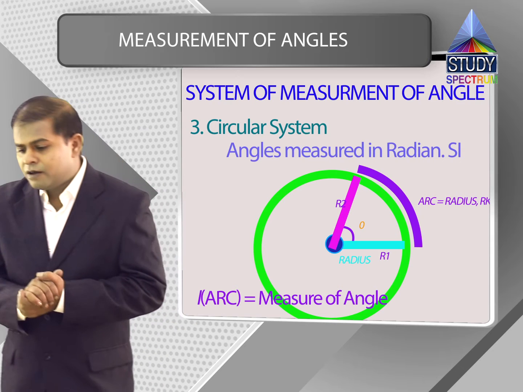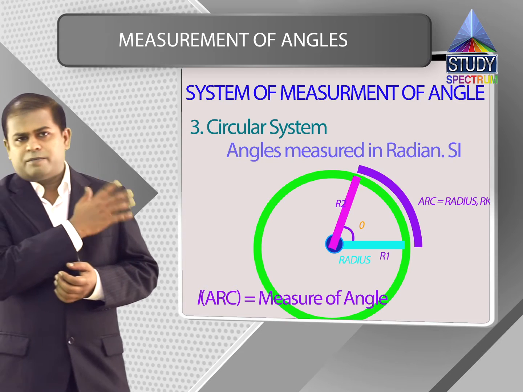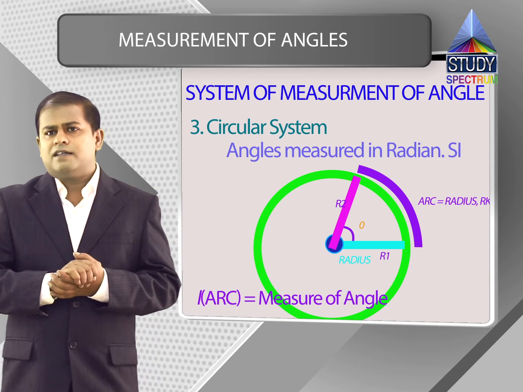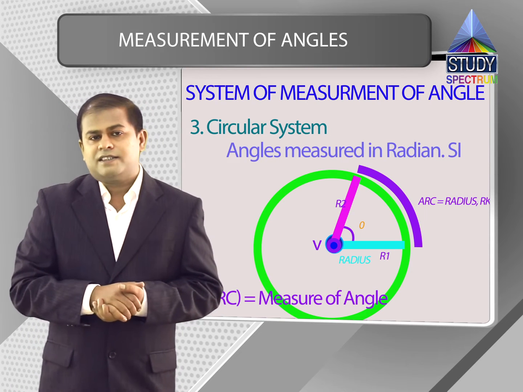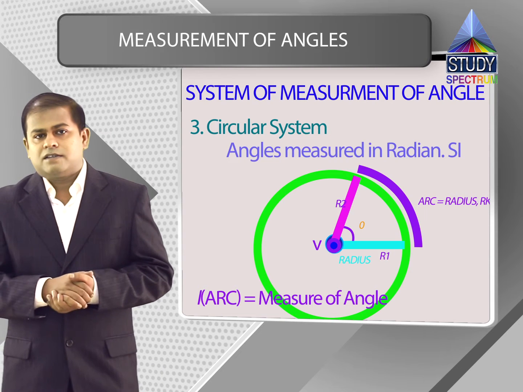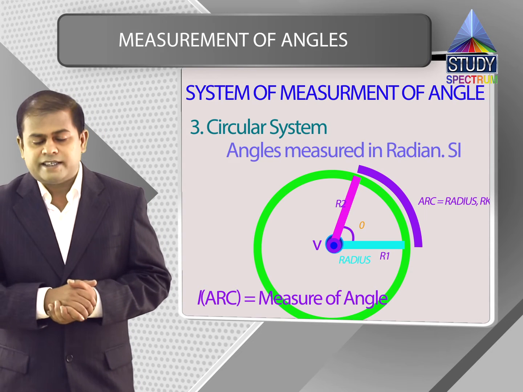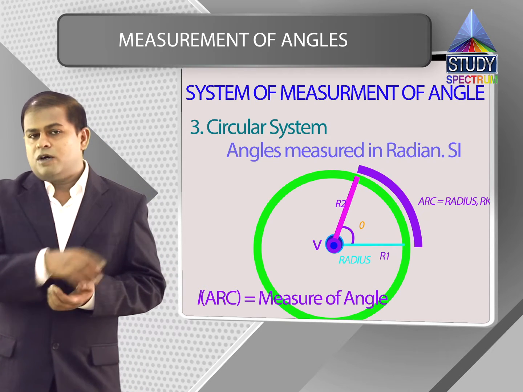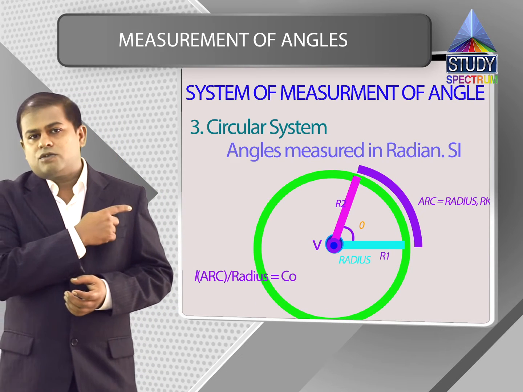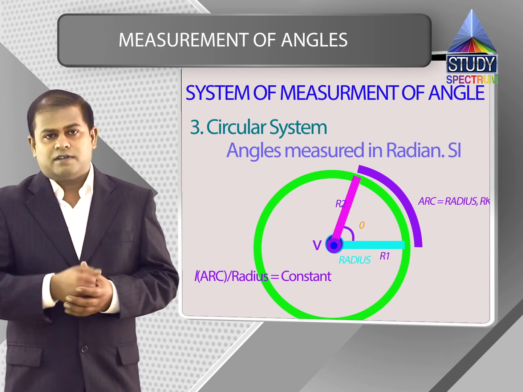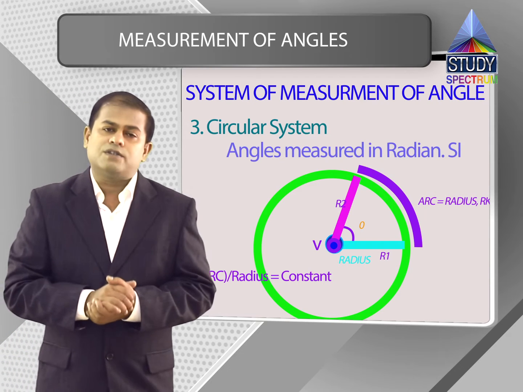So this is one idea. One more idea I'll share. If you consider an angle of whatever measure as shown in the figure, with the vertex of the angle as center, if you draw arcs of different radii intercepting the two arms of the angle, the ratio of the length of the arc to the corresponding radius remains constant.